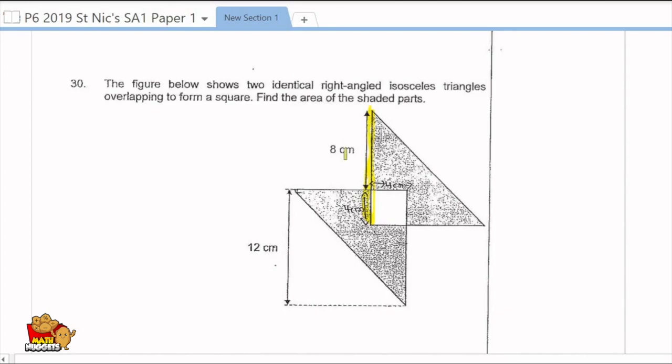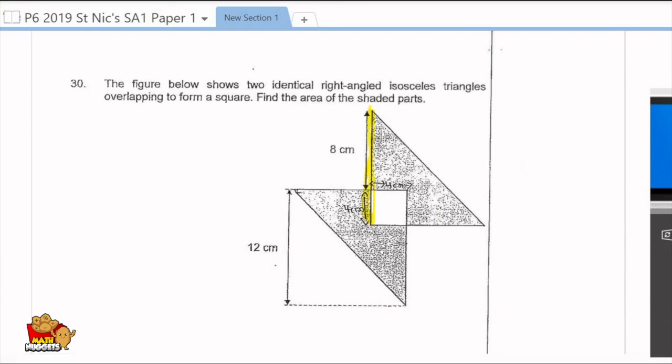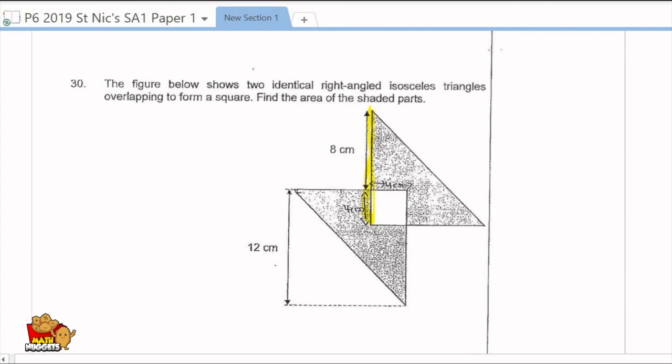They tell us over here is 8, which means the unshaded small triangle in the middle has one side of 4 cm. Each side is 4.